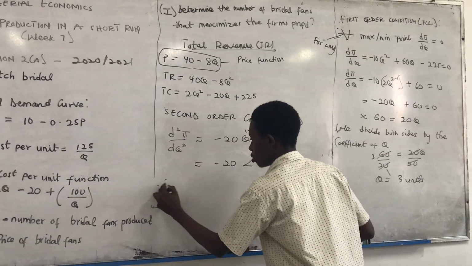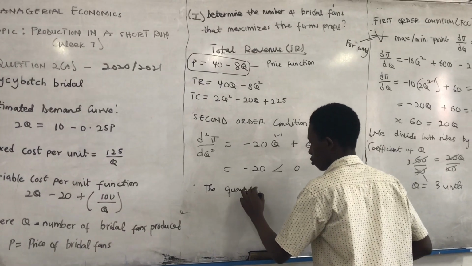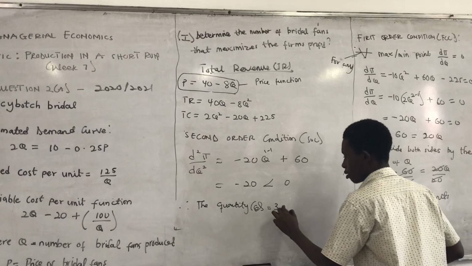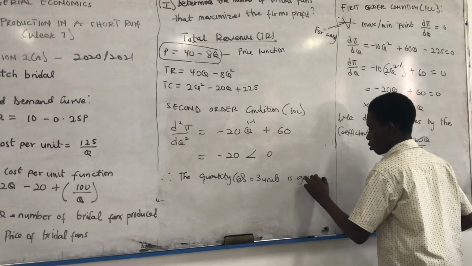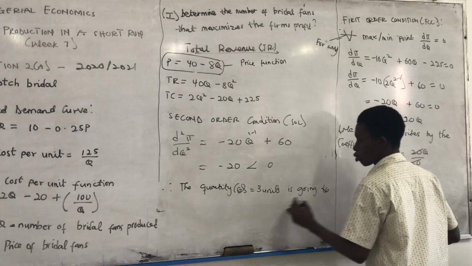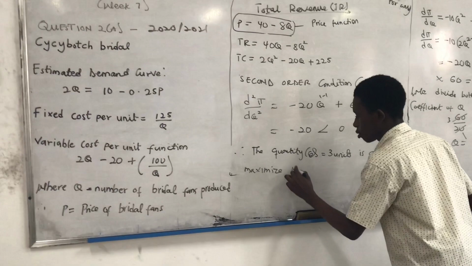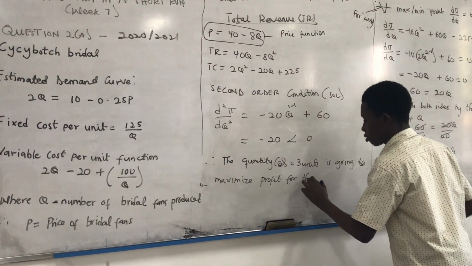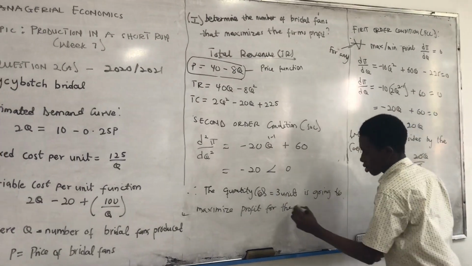So therefore, the quantity 3 is going to maximize profit for the breeder funds.